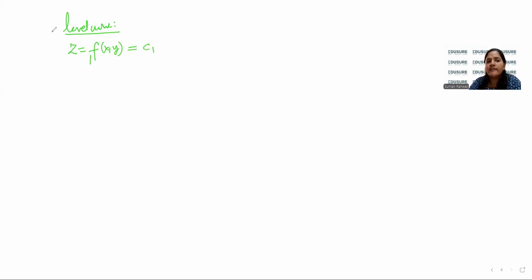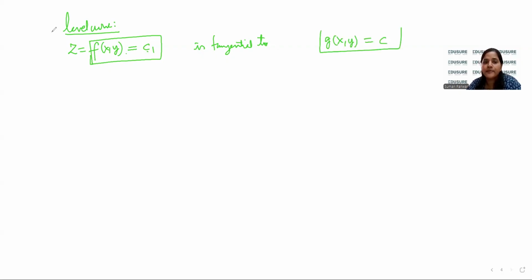So I have a particular level curve f(x, y) equals c1 that is tangential to the constraint g(x, y) equals c. That is what has happened.